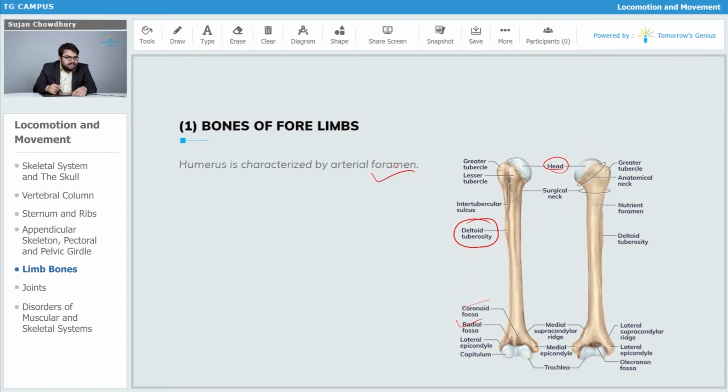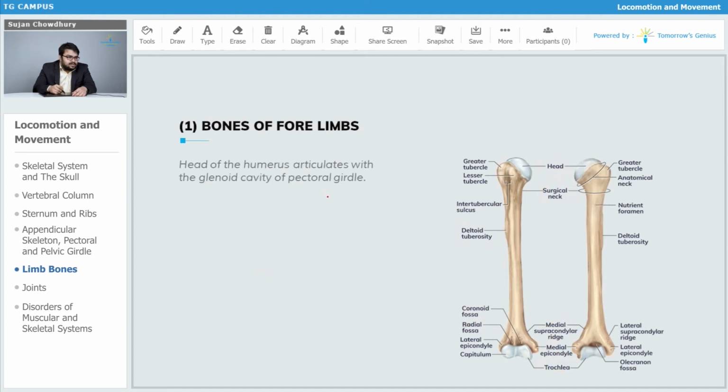So presence of arterial foramen is a very important characteristic of our humerus, which we can observe in the diagram here clearly. This is the surgical neck of humerus. This is a characteristic ridge, and the medial epicondyle, and finally the trochlea, which we have just discussed a little earlier.